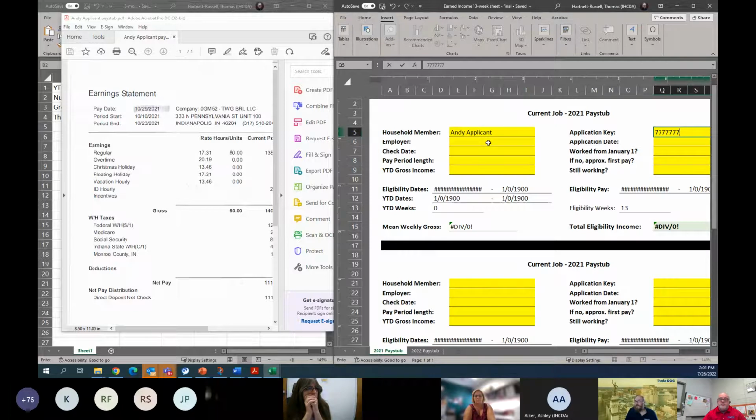We also ask for employer here, which makes it easy both for internal QA and for monitoring if you have a household with multiple employers. This company is TWGDRL. Application date, we already said, is 11/17.